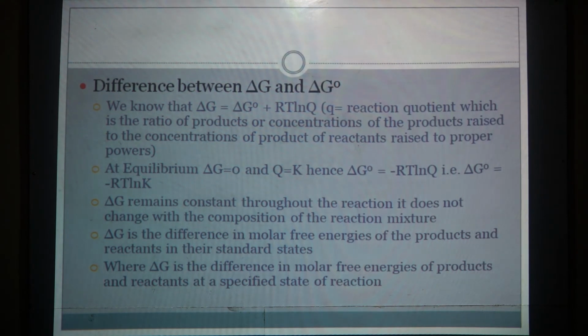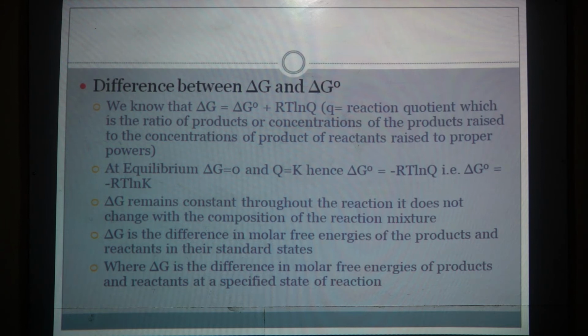Now, difference between delta G and delta G0. We know that delta G is equal to delta G0 plus RT ln Q. Here, Q is the reaction quotient, which is the ratio of the concentrations of the products raised to proper powers to the concentrations of the reactants raised to proper powers.